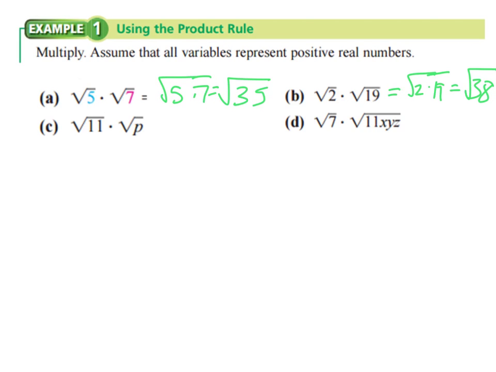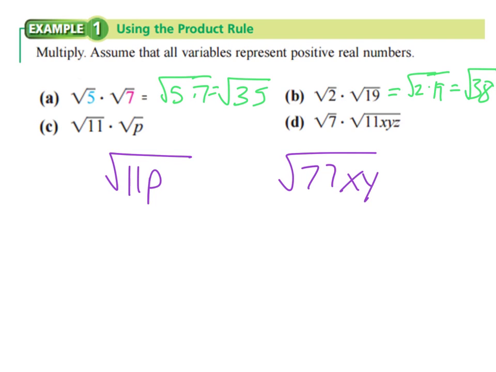And with all of these, if you could simplify them, you would. And we'll get into a bit more simplifying later, but these really don't simplify. For example C, square root of 11p, and example D, we would do 7 times 11, so 77, and then x, y, z. So really just multiplying those together like that, and that's our product rule.